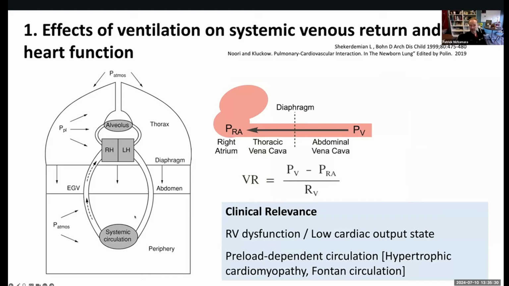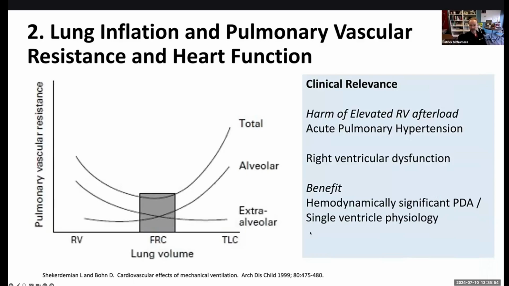When the diaphragm contracts, intra-abdominal pressure increases and right atrial pressure and pleural pressure decrease. But when you ventilate a patient and increase intrathoracic pressure, you will limit this pressure gradient from the systemic to the pulmonary circulation, which can be really harmful in patients with RV dysfunction or preload-dependent circulations.